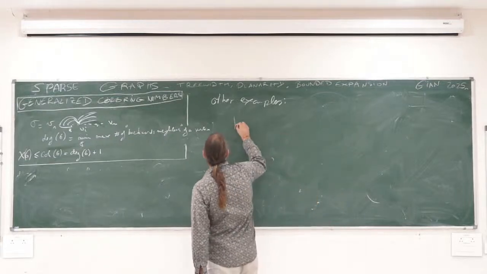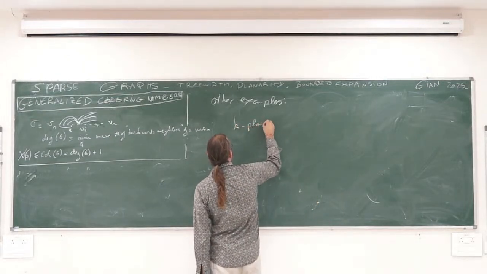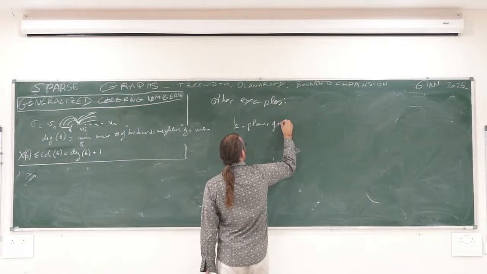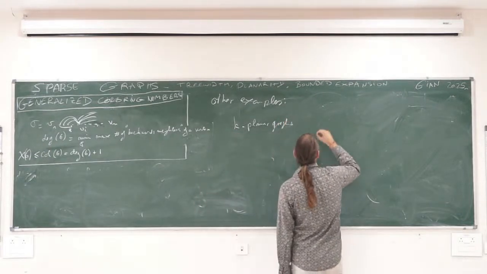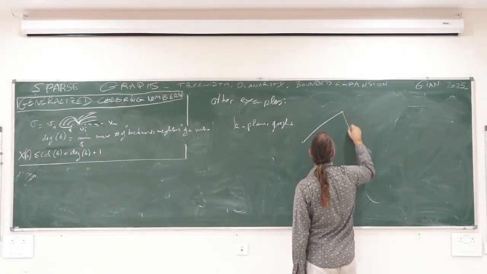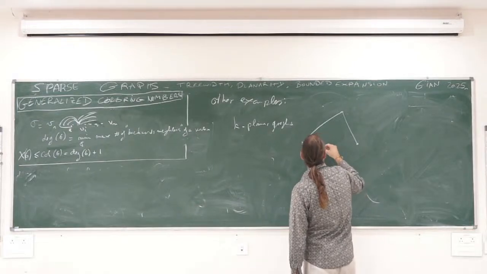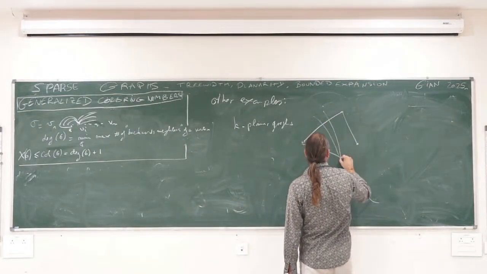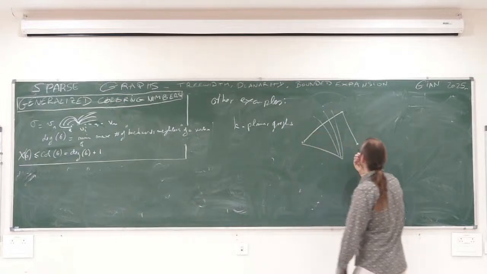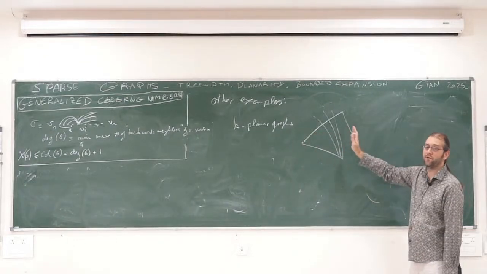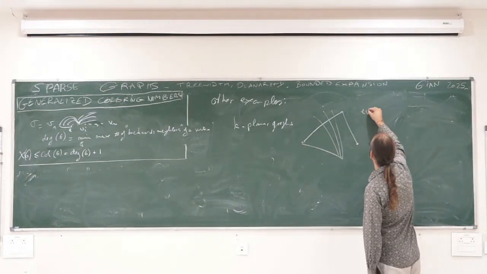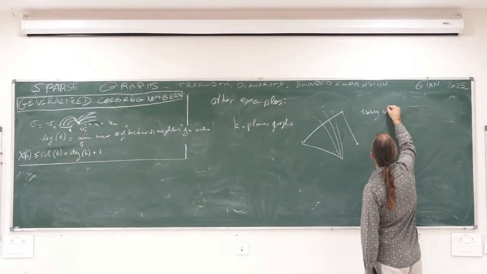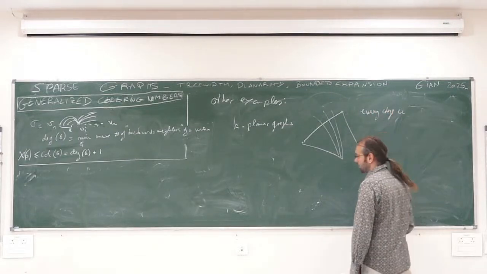So these k-planar graphs have bounded expansion. What it means is that you can draw them in the plane, but you bound the number of crossings. So every edge is crossed at most k times.